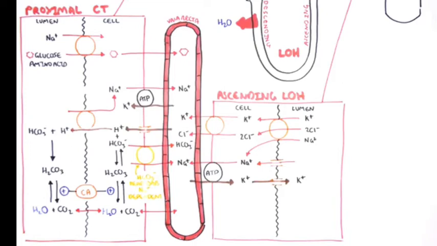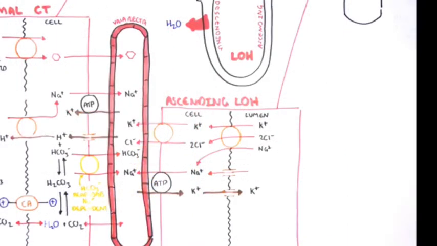At the ascending loop of Henle, there's also a movement of potassium into the cellular component, which will be reabsorbed with potassium and also chloride, and sodium also will be reabsorbed back into the vasa recta.